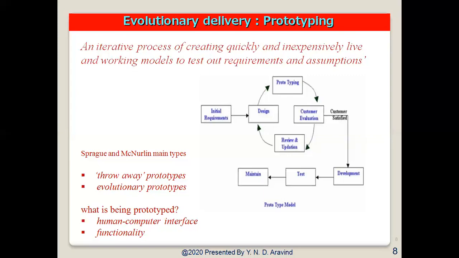Then, since it is just a prototype, we need to rectify. Once all the problems are solved, then we need to duplicate the original thing. So prototype is nothing but a dummy model. It is a small model which has some of its features, but which is not real.